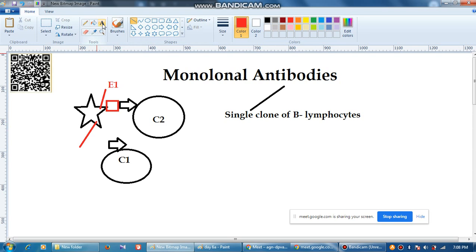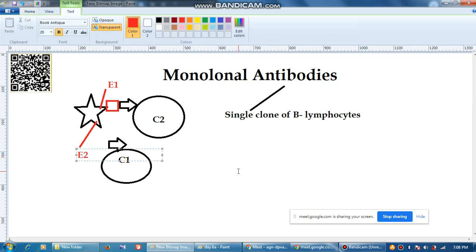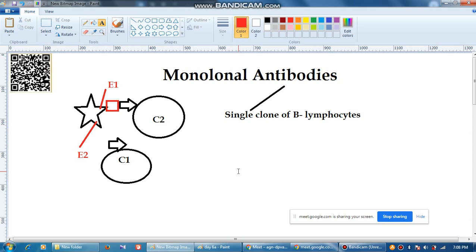What has happened? Epitope 1 is interacting with the clone C2 receptor. On the contrary, epitope 2 is interacting with clone 1. Remember, this is the antigen.